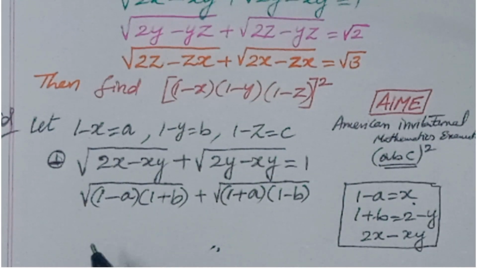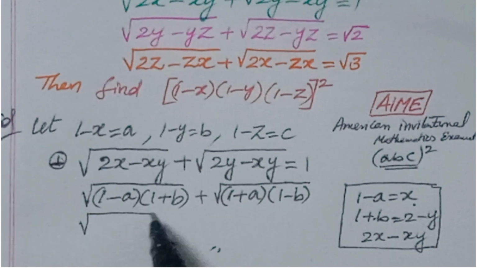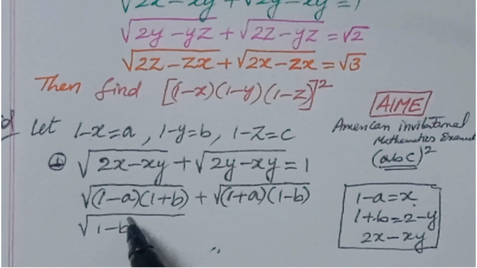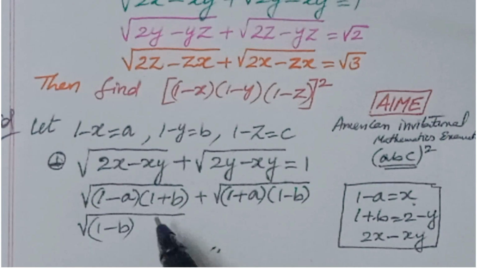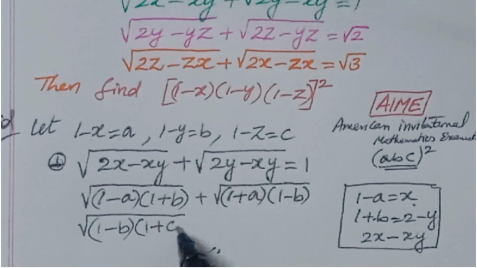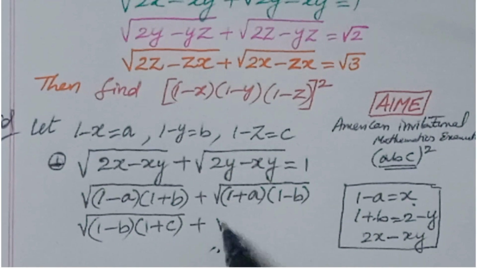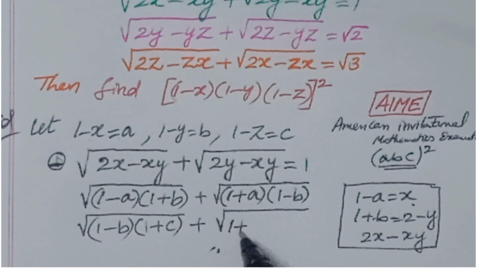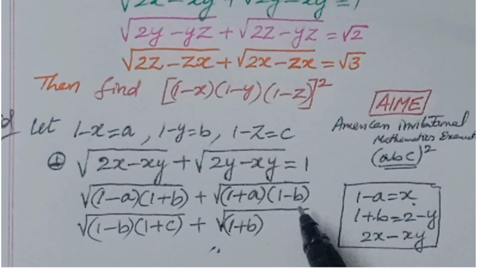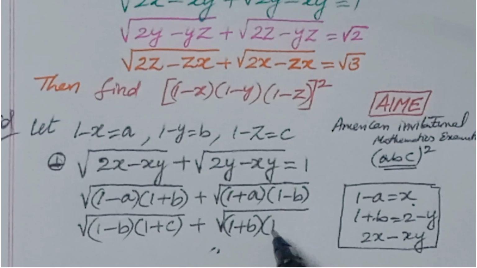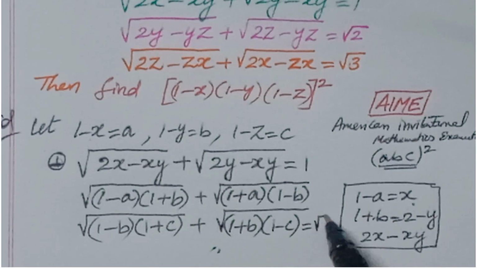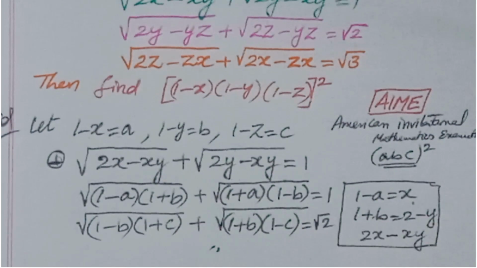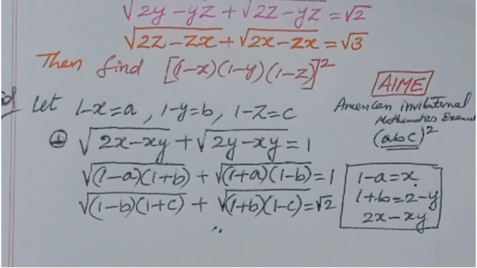The second one, you will write as square root of (1 minus b) into (1 plus c) plus square root of (1 plus b) into (1 minus c) is equal to root 2. The first one was equal to 1, and the second one is root 2.